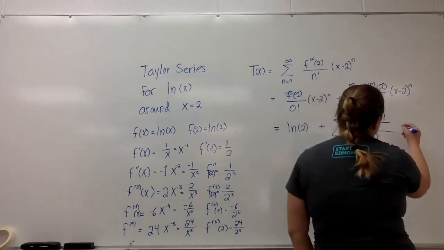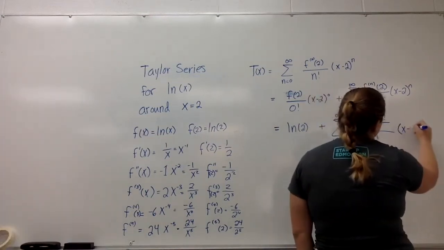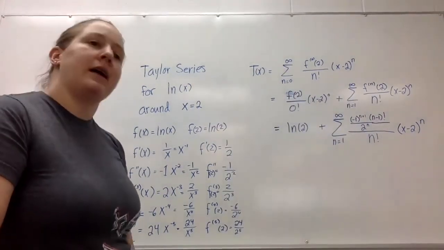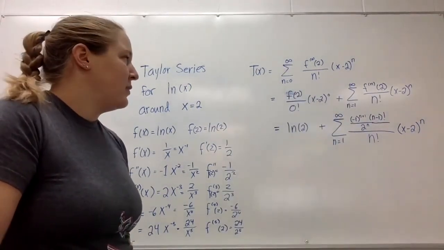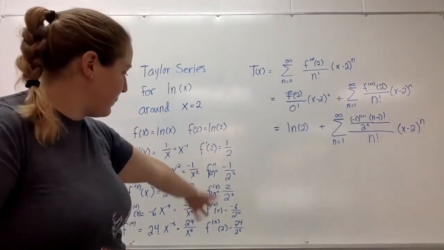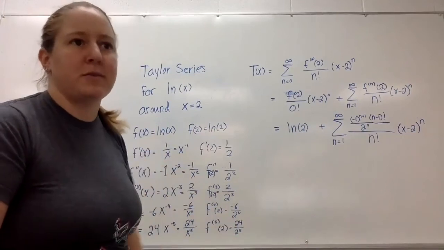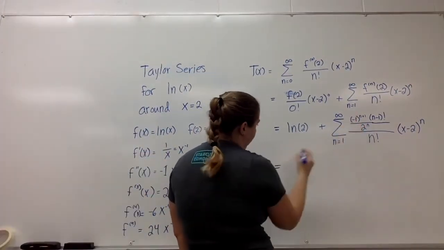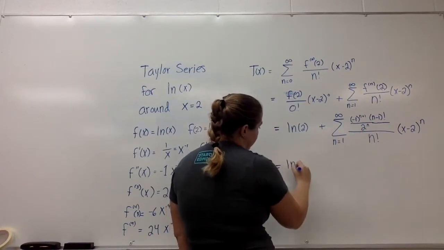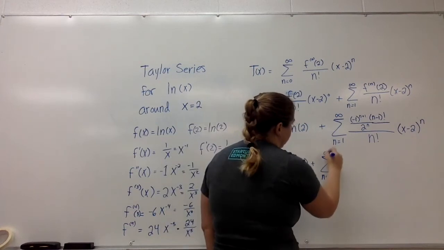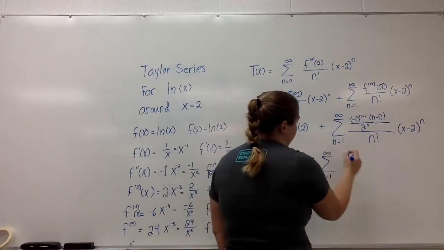And then I have x minus 2. We can simplify this a little bit, and I don't expect you to simplify everything like crazy. Especially here, with powers and exponents, don't simplify that. That makes your life miserable. I am going to take this fraction, and then we do the sum from n equals 1 to infinity of.